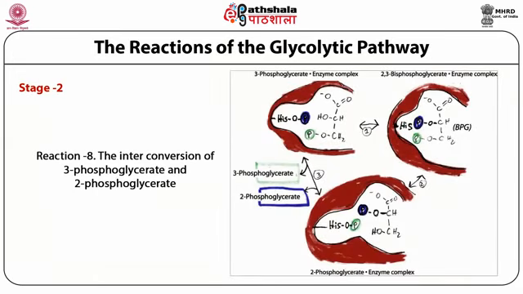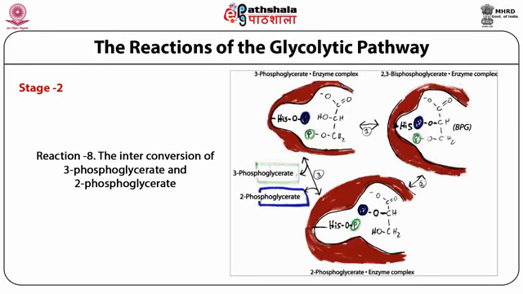Again, this is reaction 8 of stage 2, the interconversion of 3-phosphoglycerate and 2-phosphoglycerate. The mechanism of this highly reversible reaction is illustrated in the figure above, where it can be seen to require a phosphoryl transfer from a phosphorylated histidine residue located in the enzyme active site, which is phosphorylated by transfer of a phosphoryl group.